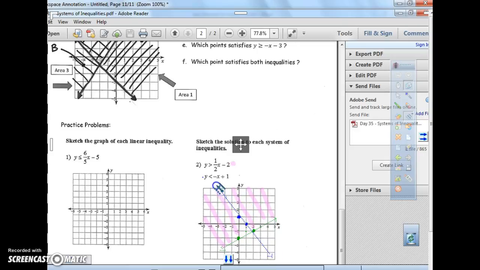I probably need to extend that one out so I can get all of it. And we have to decide if we're going to shade below or above. This one is y is less than, so I'm going to shade below this blue dotted line. And again, where the overlap happens is really what I'm interested in. And so right in this region is our solutions.